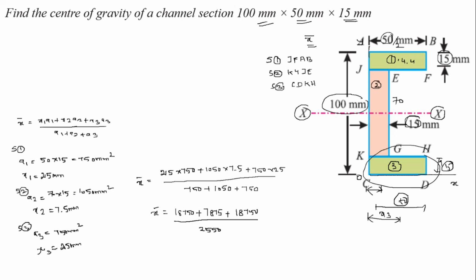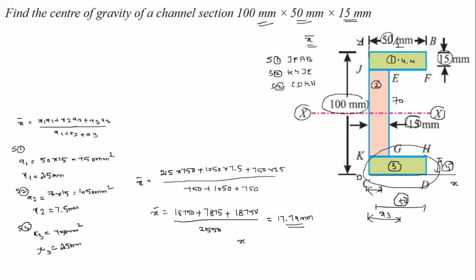So now x bar is equal to 18750 plus 18750 plus 7875 divided by 2550, which is equal to 17.79 mm.